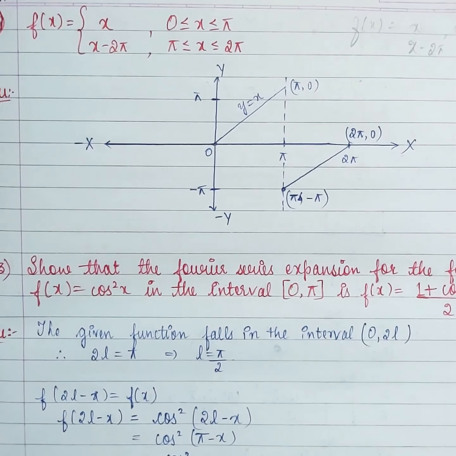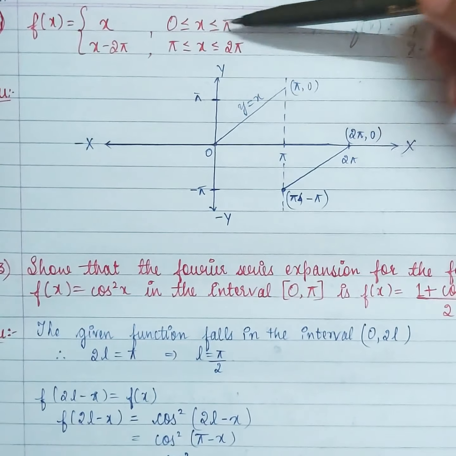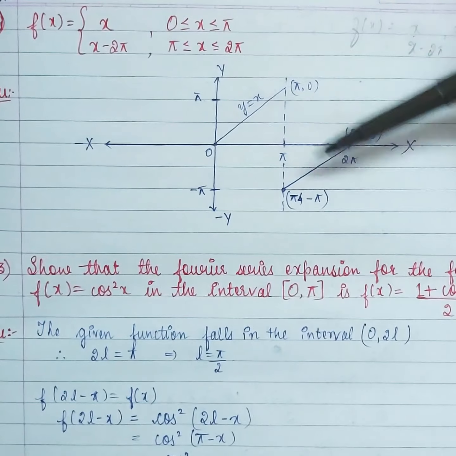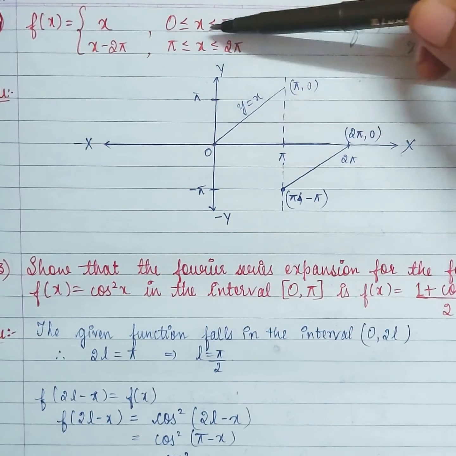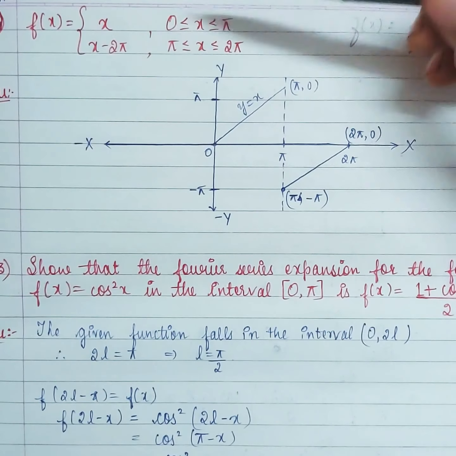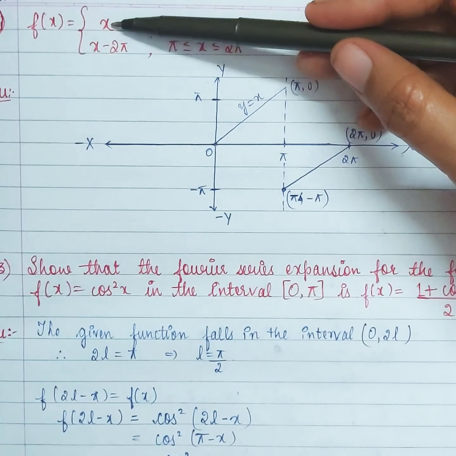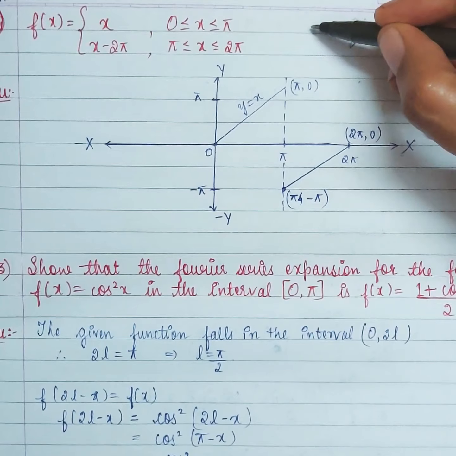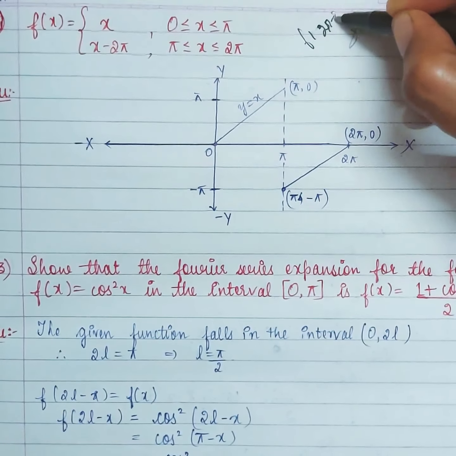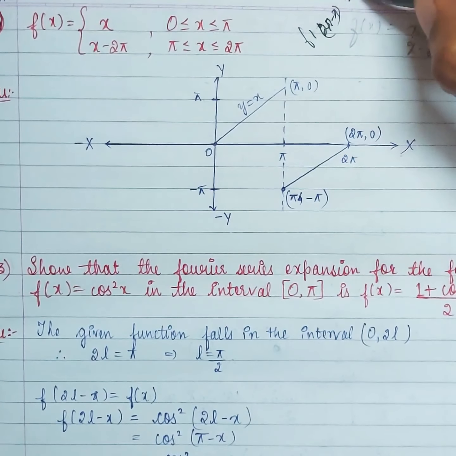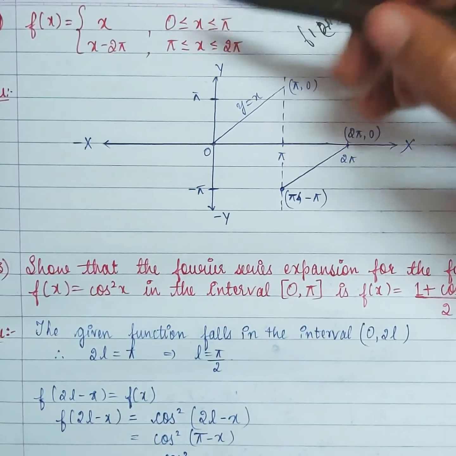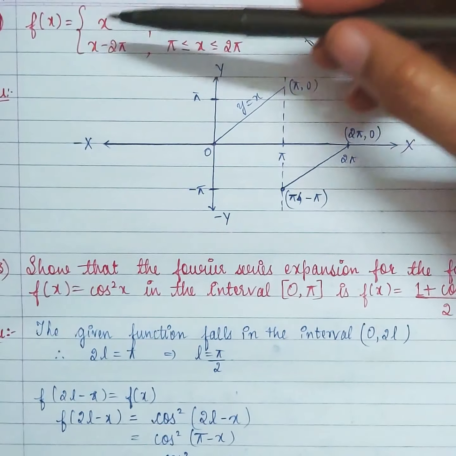If you see here, the first function is x from 0 to pi. So this is just a line. And x minus 2 pi from pi to 2 pi. This is another line over here, if you plot this. And what is the checking procedure? From 0 to 2 pi, replace x by 2 pi minus x. So f1 of 2 pi minus x is equal to, in the place of x I have replaced 2 pi minus x, so it is negative of f2 of x.